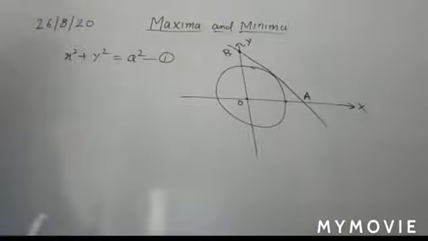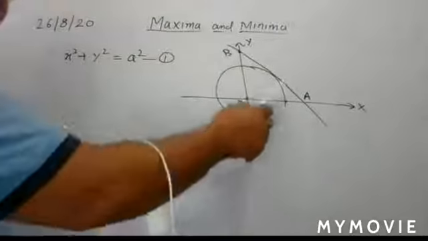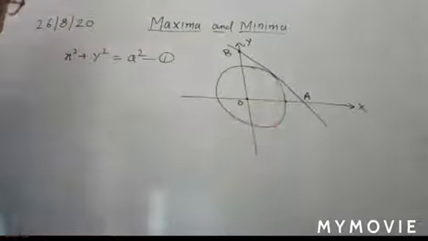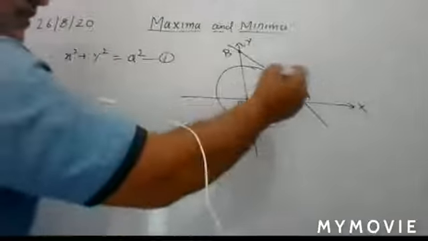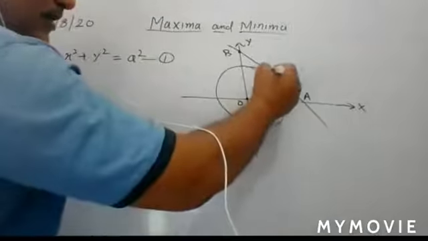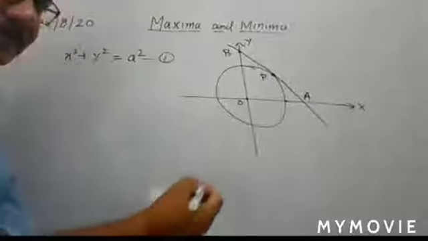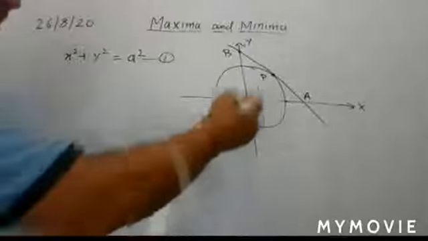So how is it possible? For that, first of all, you try to find the equation of the tangent. You know here you have a circle, and any point lying on a circle is a cos theta, a sin theta if its center is 0. Suppose you take point P, which is also your point of contact.